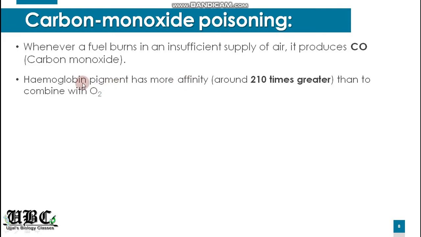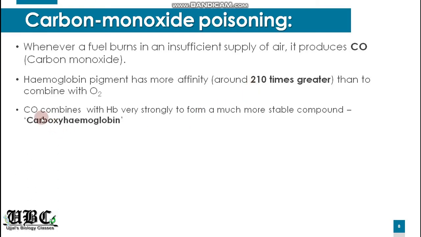The affinity by which hemoglobin combines with carbon monoxide is around 210 times greater than its affinity for combining with oxygen. So if I take carbon monoxide and oxygen, hemoglobin will very quickly combine with carbon monoxide. You can just imagine 210 times greater affinity.